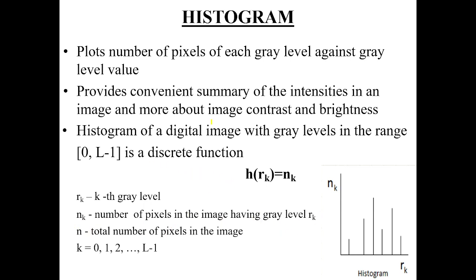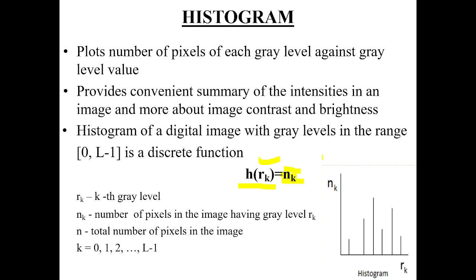So the histogram function gives the number of pixels, nk, having the gray level rk. This is how the histogram summary is drawn, which tells us the contrast and brightness intensity in the image.